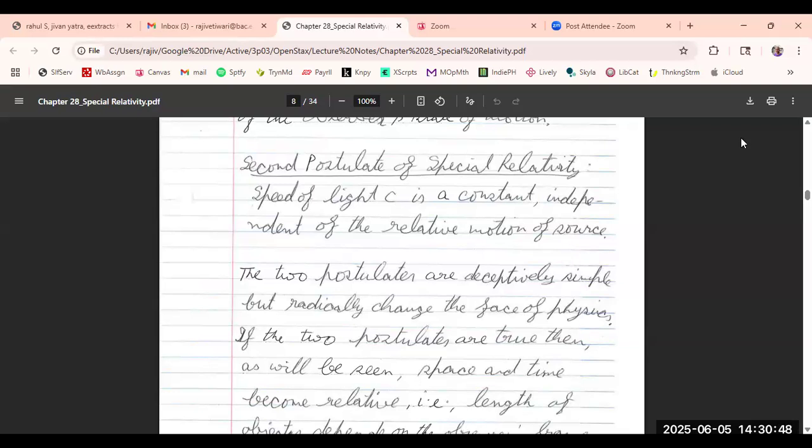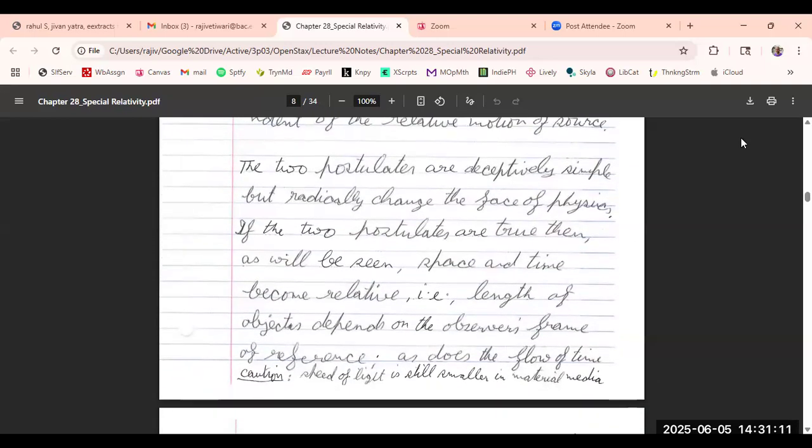So again, the first postulate is that all laws of physics are equally valid and have the same form in all inertial frames of reference. The second postulate is that the speed of light is a constant, independent of the frame of reference in which it is measured.